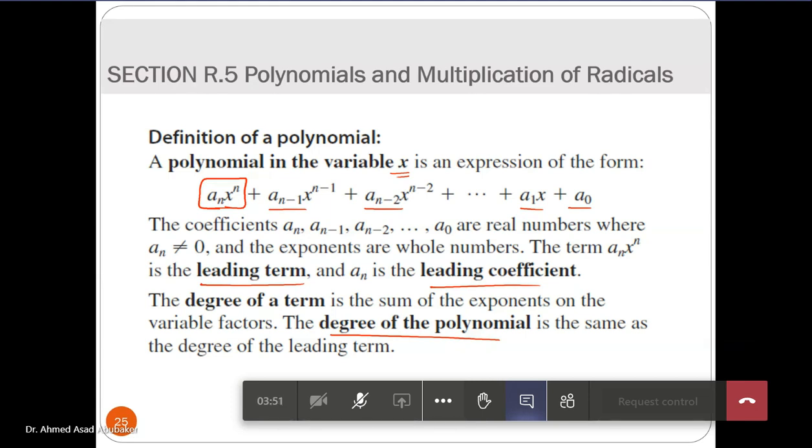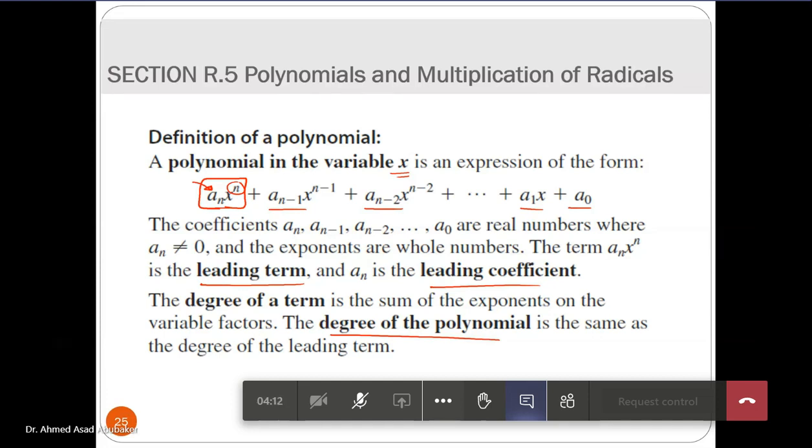Leading coefficient is a_n, the number multiplied by the x. The degree of polynomial is the largest exponent.